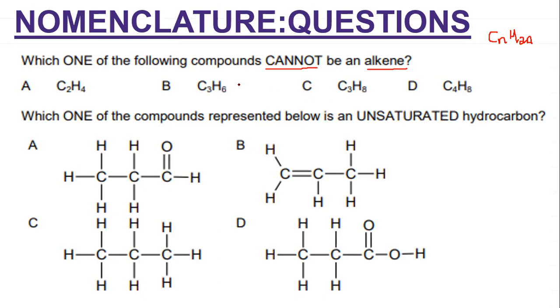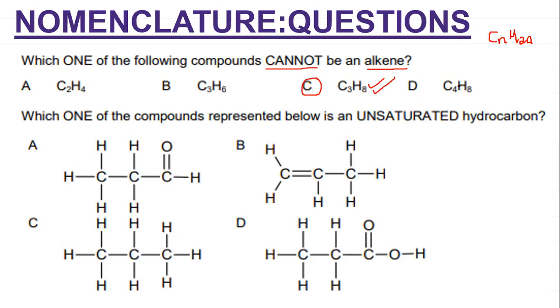So this is definitely an alkene. Let us check C. If I put a 3 there on n, it gives me C3H6. It doesn't give me C3H8. So this cannot be an alkene. So this is the correct answer because we want the one that cannot be an alkene.